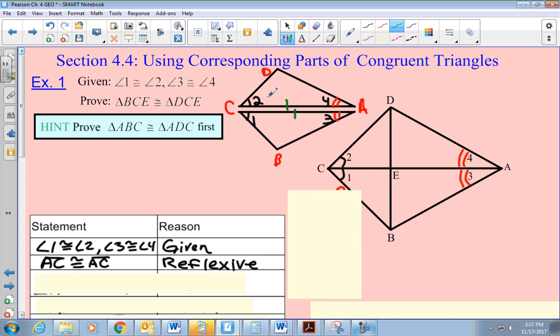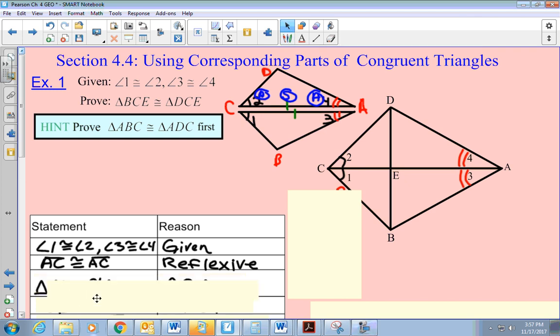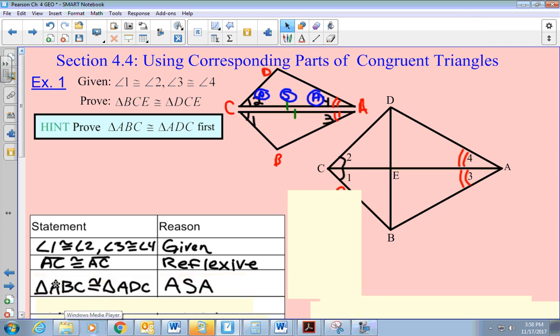So now I have an angle here, a side here, and an angle here. So I can say that triangle ABC, this bottom one here, is congruent to ADC by the angle side angle property.